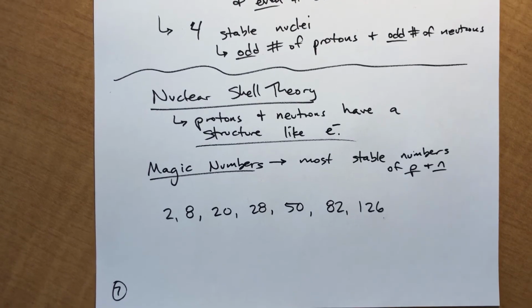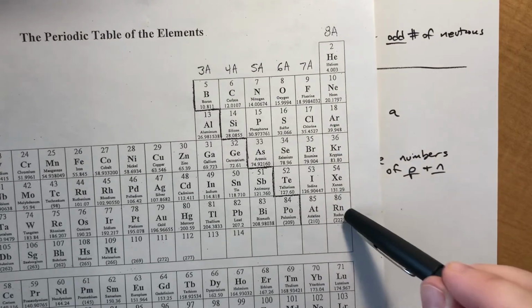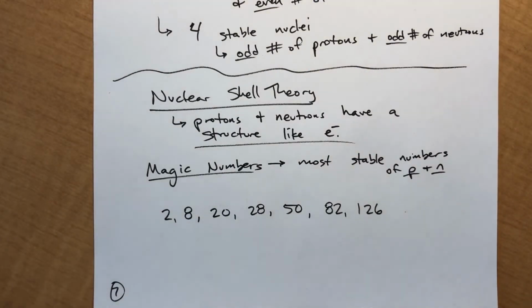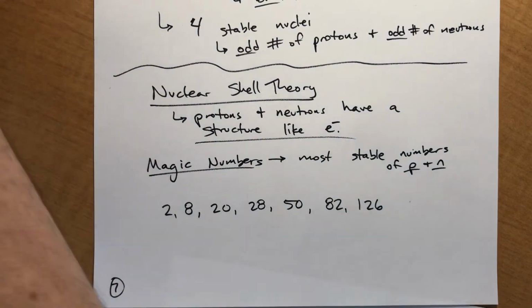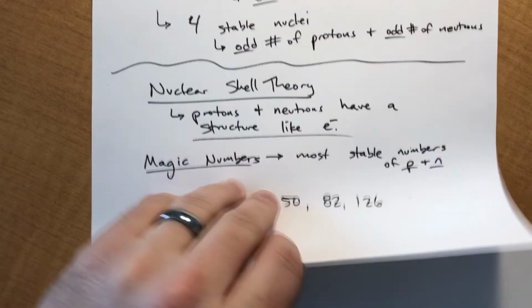Seems kind of random, right? But so does 2, 10, 18, 36, 54, and 86 if you didn't know how orbitals worked. Okay? Let's look at a couple examples just to see how this works, and then we'll end this video, I guess.